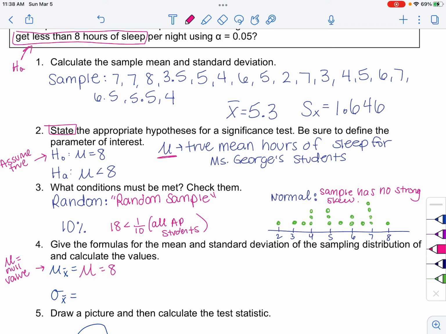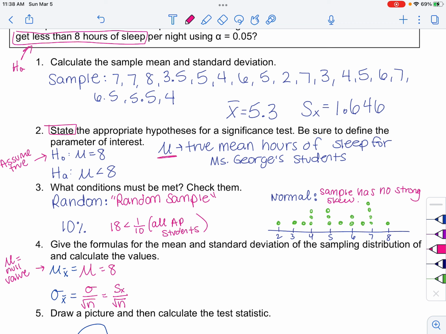Now, standard deviation sub x bar is also on your formula sheet. That is the standard deviation divided by the square root of n. Of course, for us, we don't have the population standard deviation. We only have our sample standard deviation. That's okay. We're going to use s sub x divided by the square root of n.